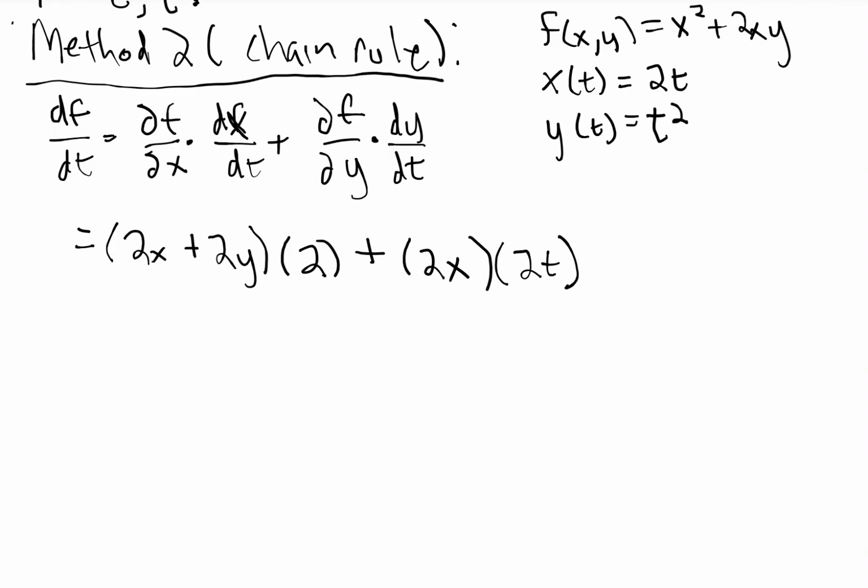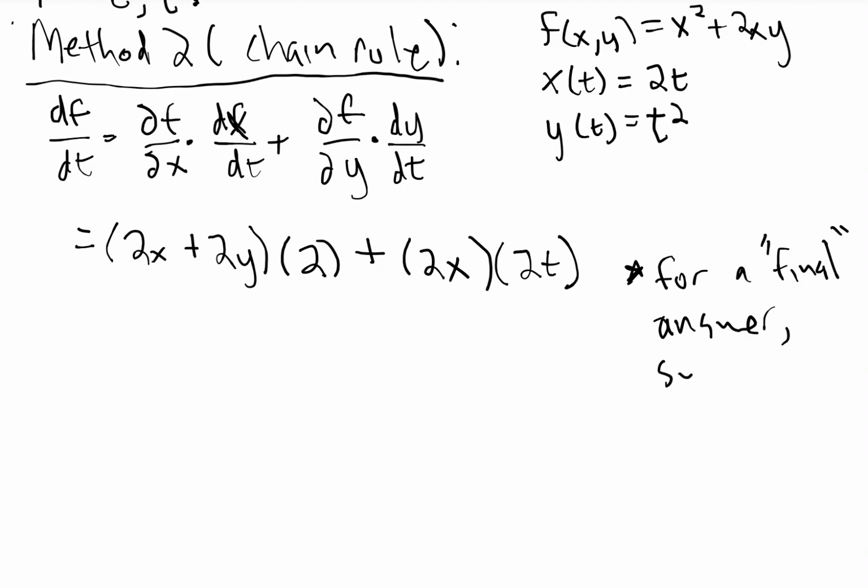Now, I will note this looks a little bit different from what we saw before because I asked you guys for df dt. It's basically f prime of t. We've got x's and y's mixed in here. So we'll go ahead and make the side note for a, I'll put this in quotes, final answer.